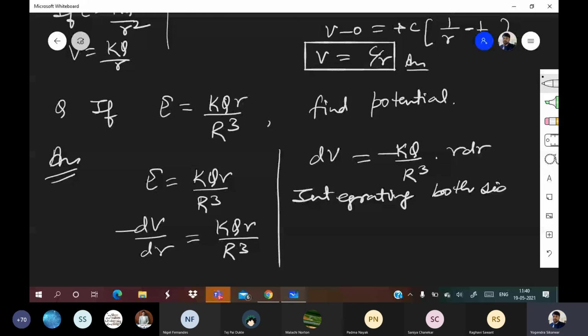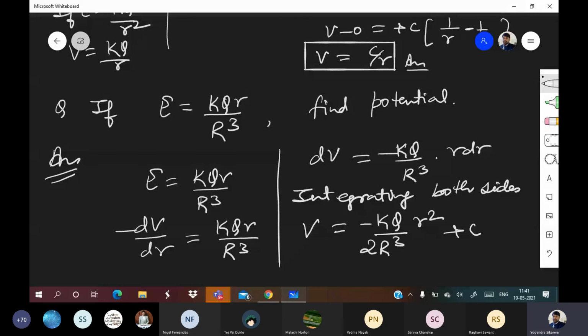So V is equal to minus KQ upon R cube into R square by 2 plus constant. We are doing indefinite integration here.